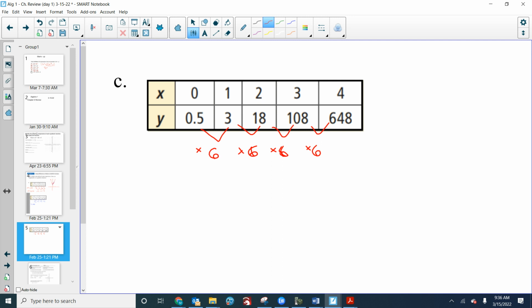Yep. So it must be an exponential function.